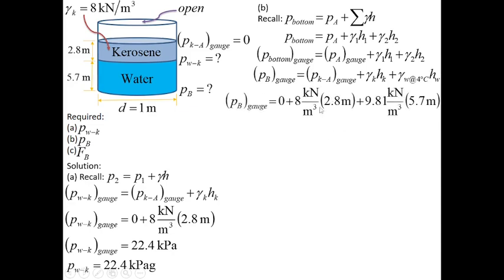So in this case, the gauge pressure at the bottom: we have the gauge pressure at the interface of kerosene to air, 0, plus the unit weight of kerosene, which is 8 kilonewton per cubic meter, the height of kerosene is 2.8 meters, plus 9.81 kilonewton per cubic meter, that's the unit weight of water at 4 degrees Celsius, and then the height of water in the given figure is 5.7 meters.